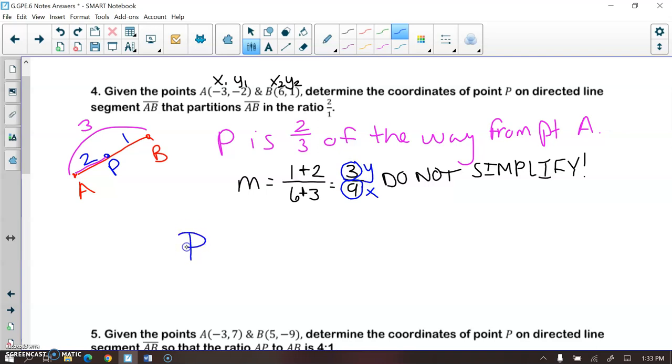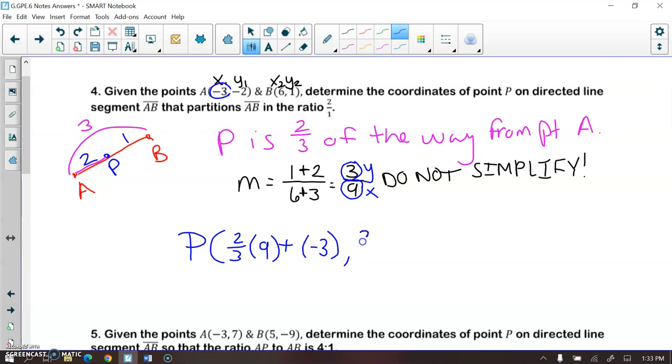So then to find point P, we take our ratio of 2/3, and we multiply it by our run, which is 9, and then we add it to our x value of our starting point, which my starting point was A, so my x value is -3.